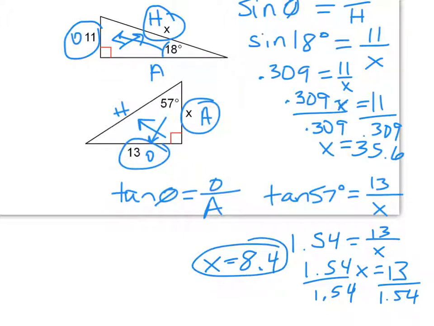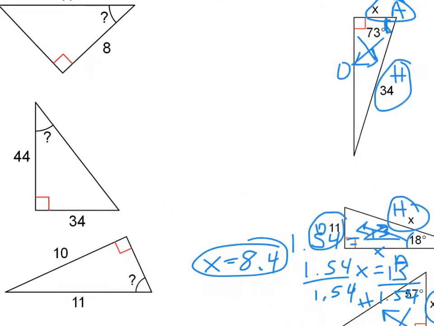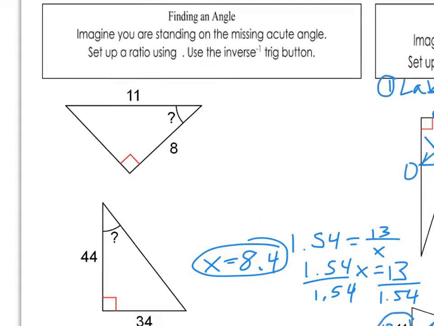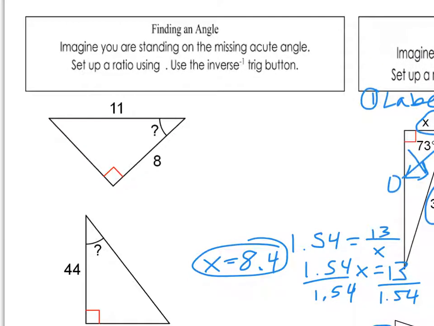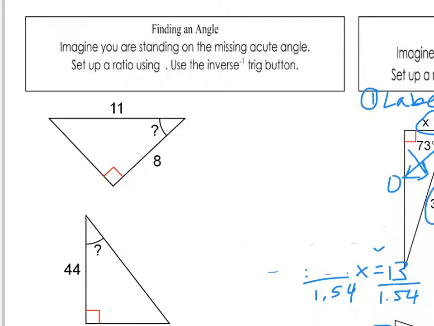Now you want to find your solving for an angle piece of paper. So solving for an angle, we have the same first few steps. We still are going to do HOA. We're still going to set up whether it's sine, cosine, or tangent.